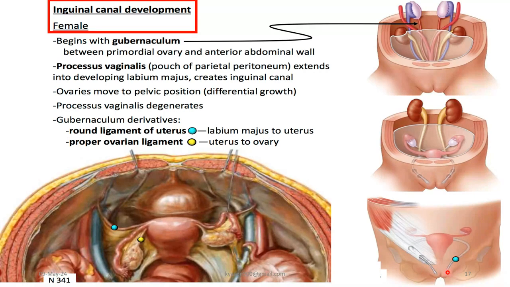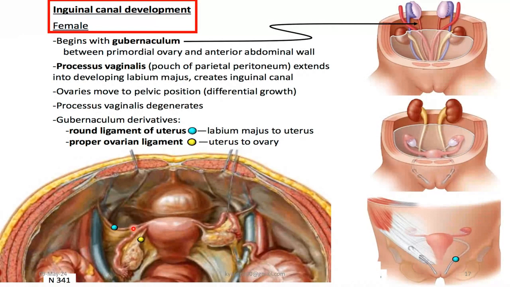Okay, so those are the two derivatives of the gubernaculum in women, and this can help you understand that within the women, instead of having the spermatic cord as a content of the canal, we shall have the round ligament of the uterus. It's called so because it curves around to enter the canal and attach at the labia majora.